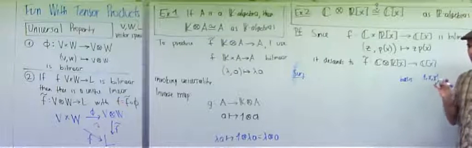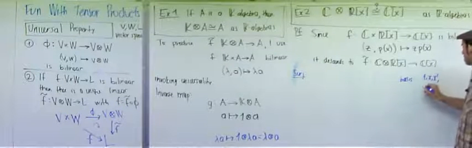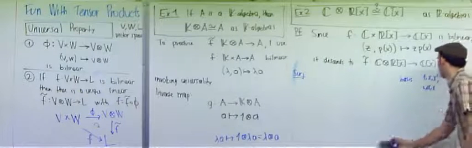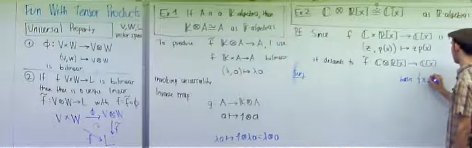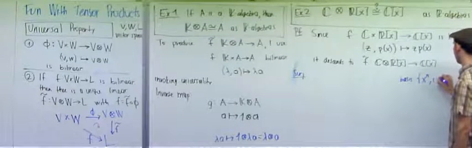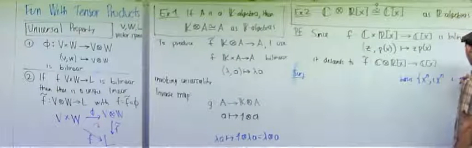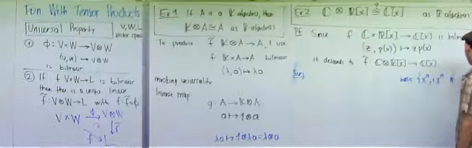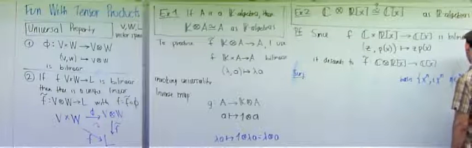We're talking about basis as real vector spaces, and therefore basically we need x to the n and ix to the n, where n is a natural number. Okay?